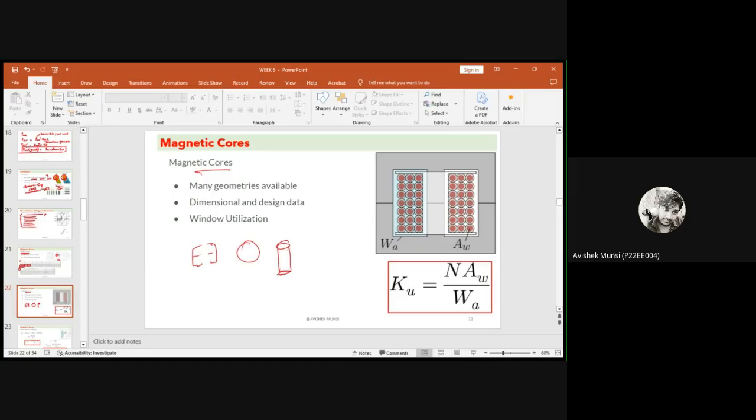A lot of types of cores are there, and based on that the inductance can be calculated in different ways. So you have to know the dimensional and design data, and the window utilization factor can be written as Aw by Wa, where Wa is the volume and Aw is the window area. So the window utilization factor is Ku.